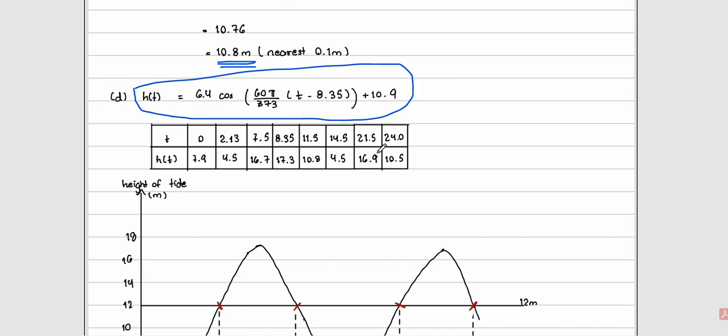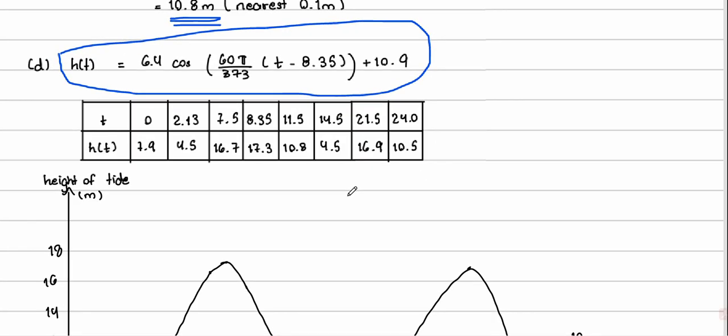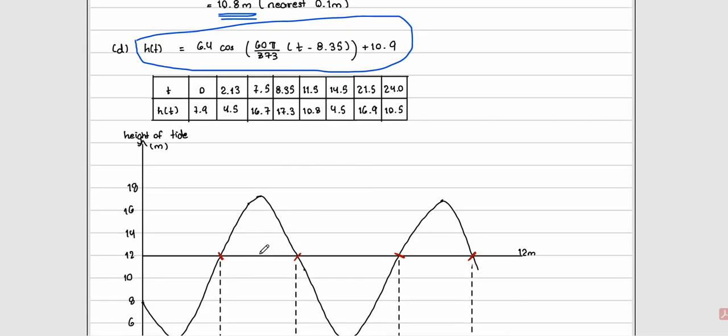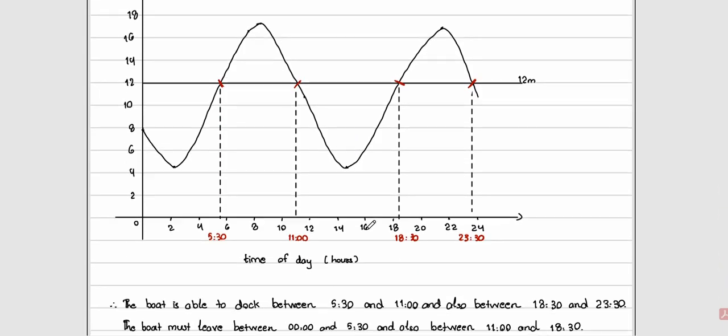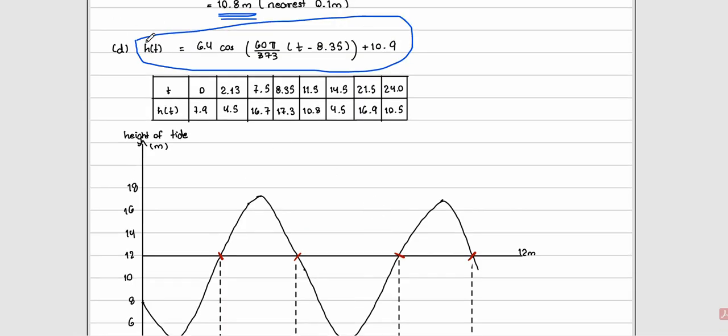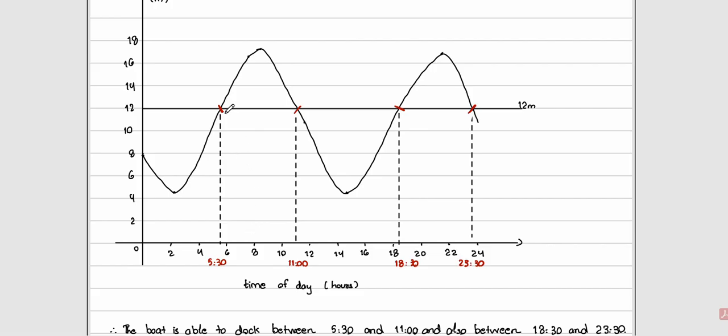I used decimal points, not just whole numbers, because I think it's more suitable to draw the graph for this question. Otherwise the points would be really hard to determine at each different hour.